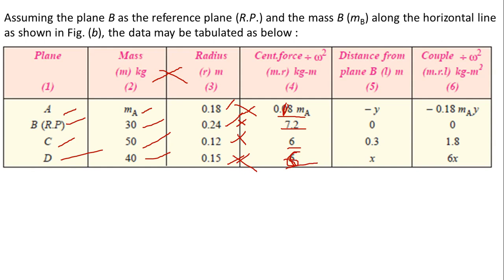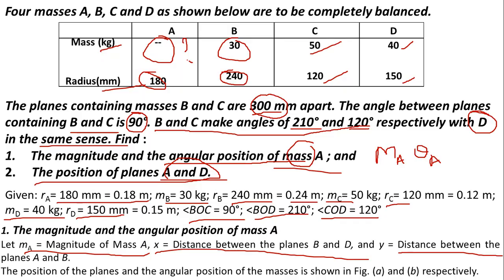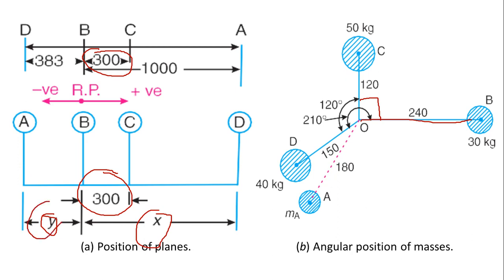Then distance from the plane, B is the reference plane. So plane B will be the center, 0. B to C is the only one known to you, that is 300. So A will be minus y, left side negative, right side positive.